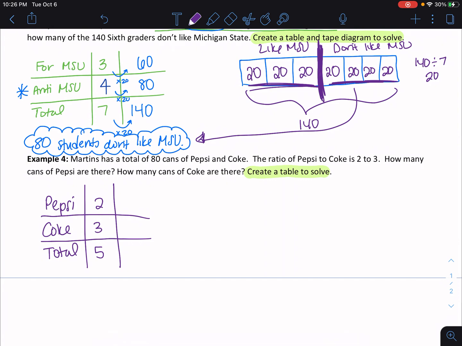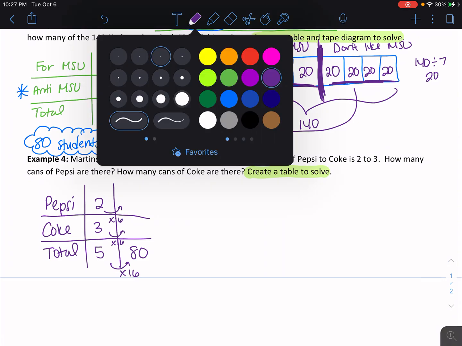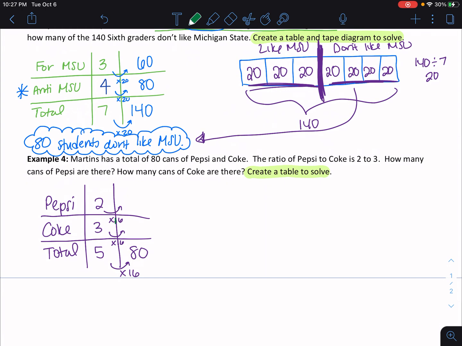If I have a total of 80 cans, I'm scaling forward, multiplying by 16. So I'm going to multiply by 16, multiply by 16. Let's change the pen color on that so that it actually shows up. 2 times 16 is 32, and 3 times 16 is 48.